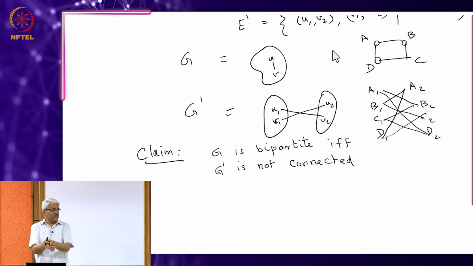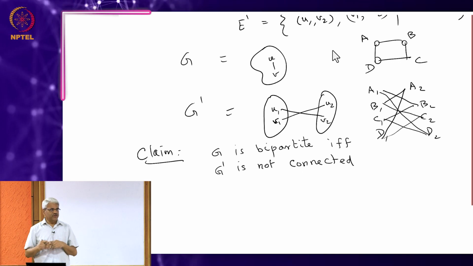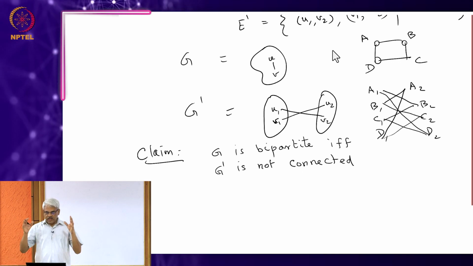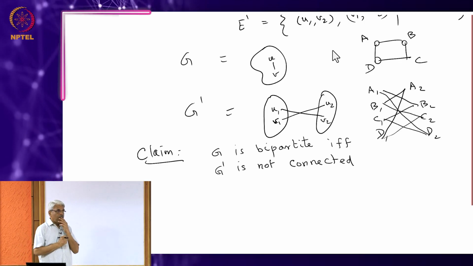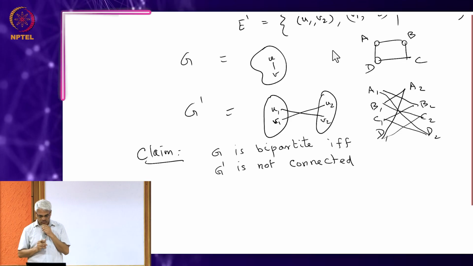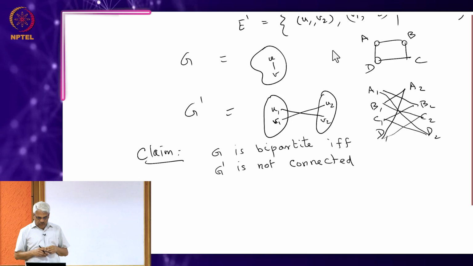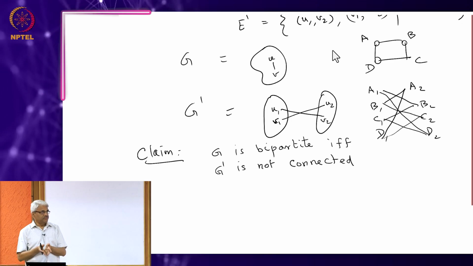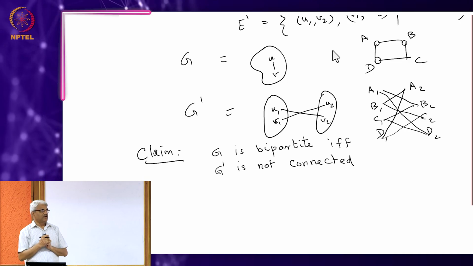I gave you an algorithm which is to do something, but can you think of a different algorithm where the edges are coming using this claim? Well, I can construct G prime and use my connectivity solution, right.